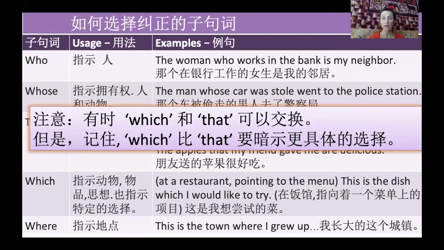But which and that 可以 you can switch them. But remember, 记住 which is more about pointing out something that you especially and specifically want. Okay, so 记住 which 比 that 要按次跟主题的选择. Moving on.